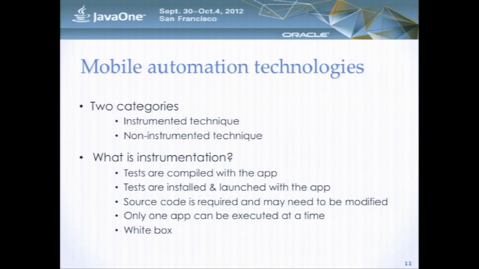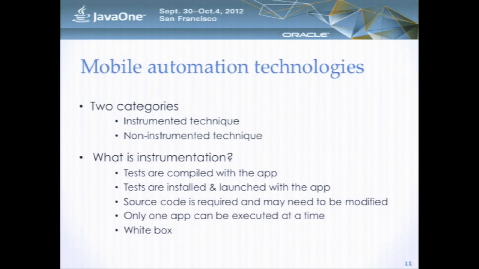Instrumentation itself has a strict form and a less strict form. For example, a strict form requires you to have the source code of the application, which means you actually compile your tests with the source code of your mobile application, and you also launch your tests together with your mobile application. A good example of that would be Robotium.